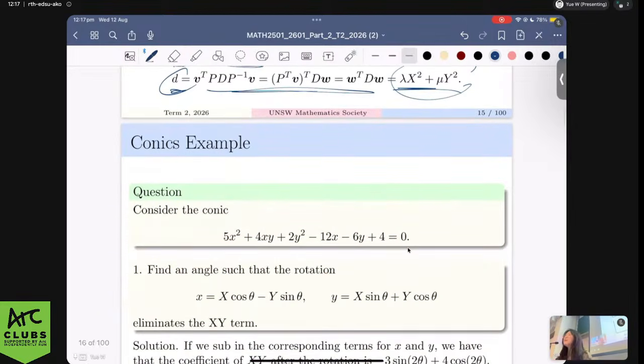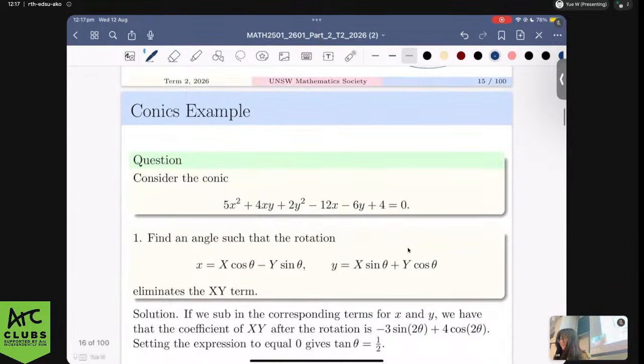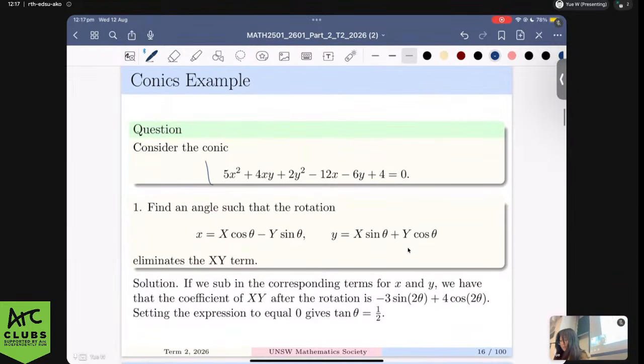Okay, and now moving on to our first example for conics. So if we consider this thing here, and we want to find an angle such that the rotation eliminates the xy term, this question is just kind of tedious. You just sub things in.